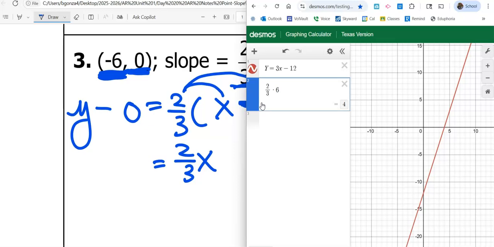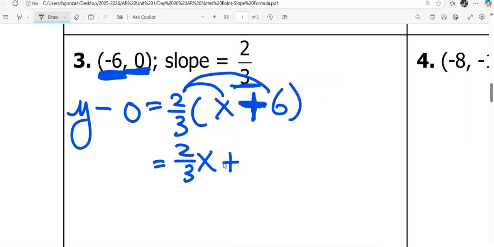So we get +4. 2/3 times 6 is 4. Bring down y. Now, wait. -0. Does everyone know -0 is like nothing? Yes. So you just bring down y, and you're actually done. Okay? All right.